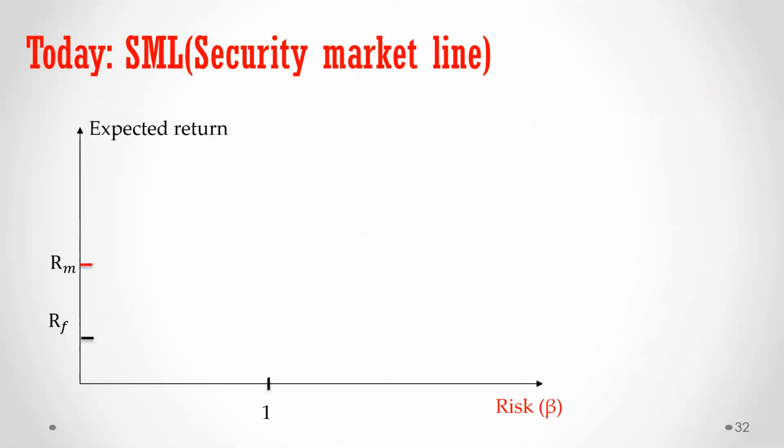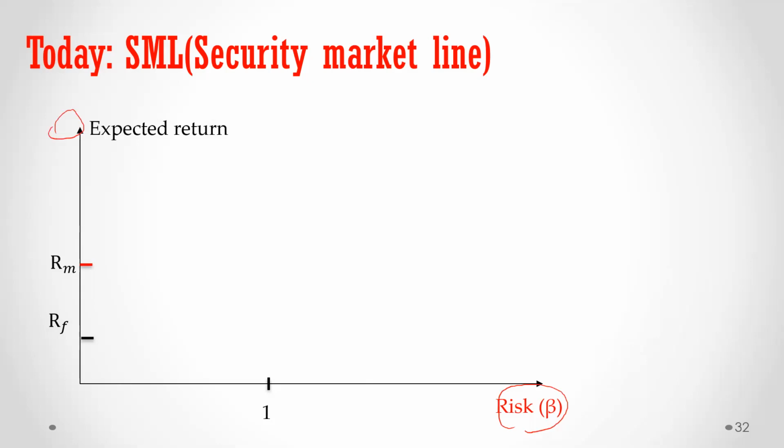The security market line tells us the relationship between expected return and systematic risk, or in other words, betas. On the x-axis, we have the betas, which is the measure for systematic risk. On the y-axis, we have the expected return for any financial asset.